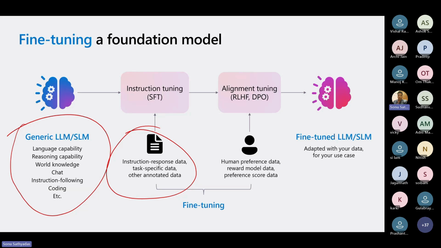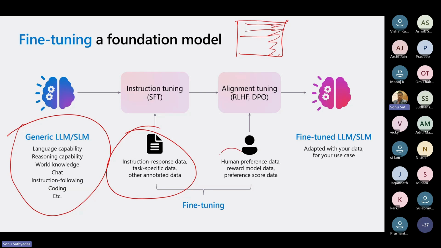If we have this model, we are going to train it by rearranging its parameter values. So we will be updating this model to train with our own custom data.